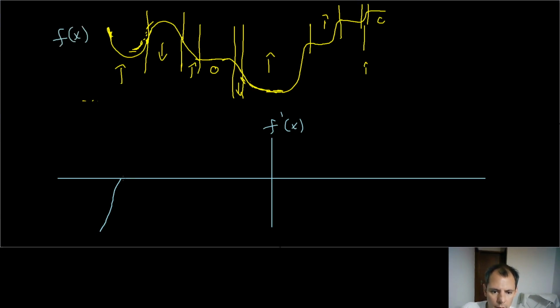Now over here, the function comes up and up to this point, and when it gets to this point, it starts getting down and down, and it's 0 here. You see, this point is equivalent to this point.